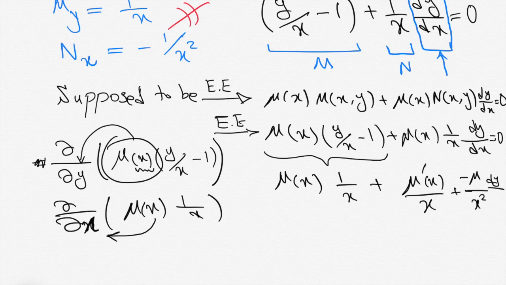So what is the derivative of 1 over x? It's minus 1 over x squared. Therefore it's going to be this, right? dy dx, dy over dx. So now this is equal to 0 again, right? This is equal to 0.